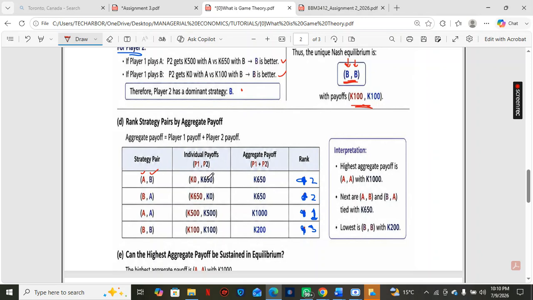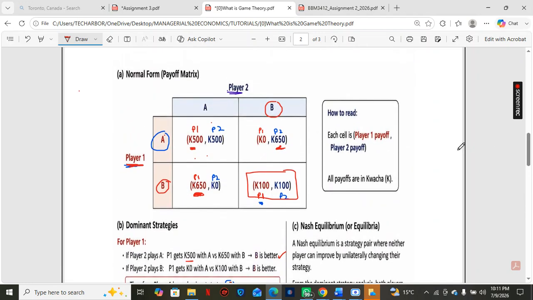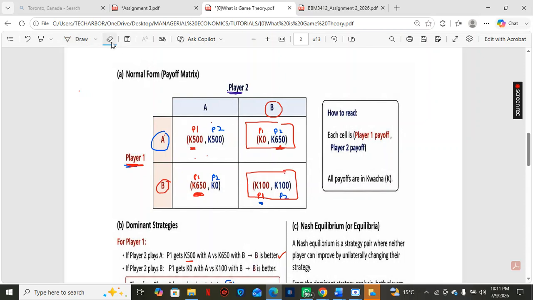When you add 0 plus 650, you get 650. So it's this one here, colleagues. Player one A, player two B. That's the one there.